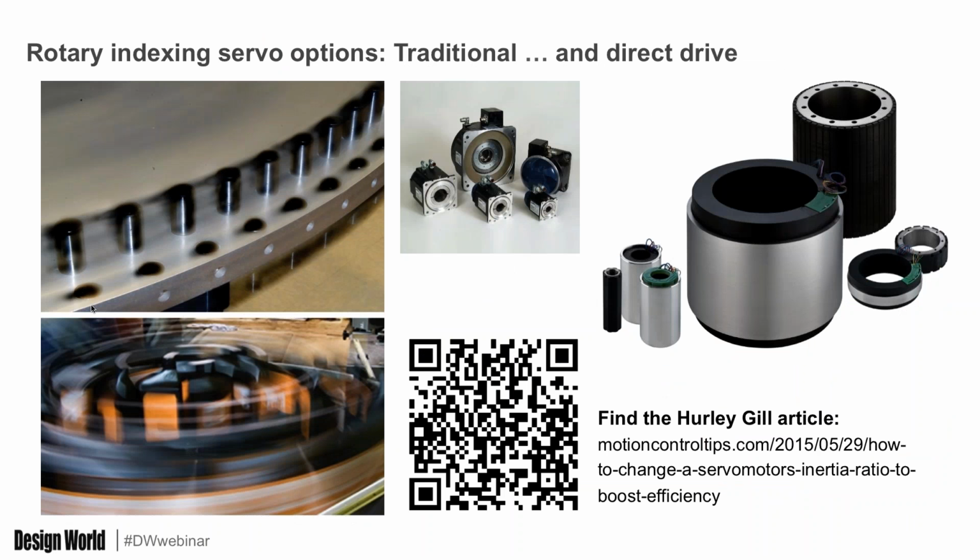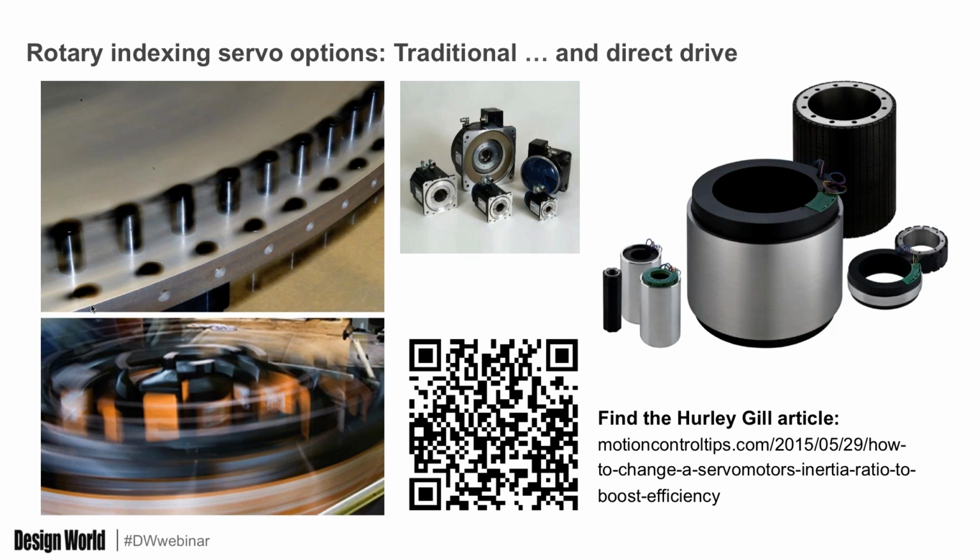So in contrast, some other options we see on this slide are direct drive servo motors from Cole Morgan in the lower right-hand corner here. Back in May, Design World published a fantastic piece, highly recommend you check it out, by Hurley Gill, very knowledgeable guy from Cole Morgan, where the two drive options shown here, as well as the indexing application, is explained in detail.